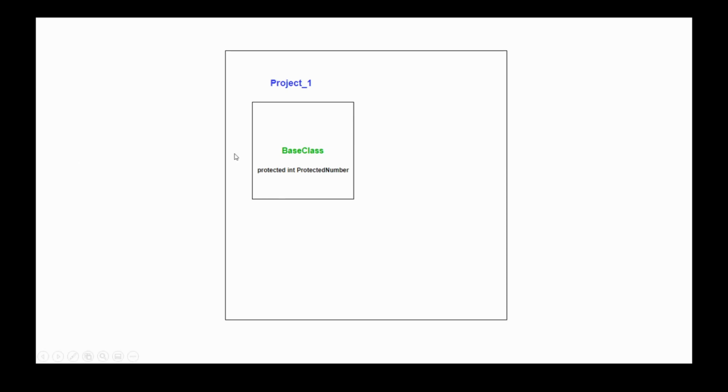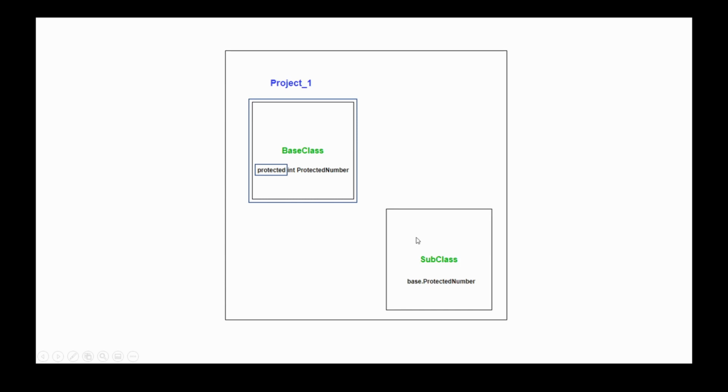The next access modifier is the protected access modifier. This modifier is available in the base class and in each subclass from the base class. This is also possible for subclasses in another project.